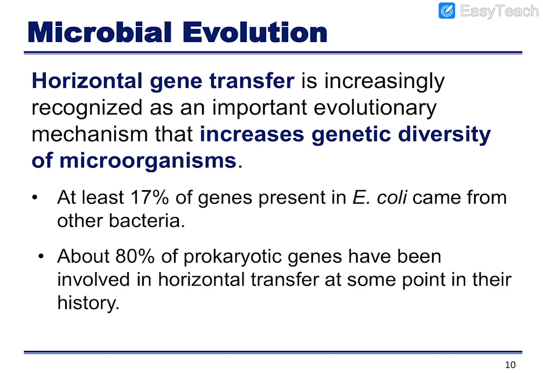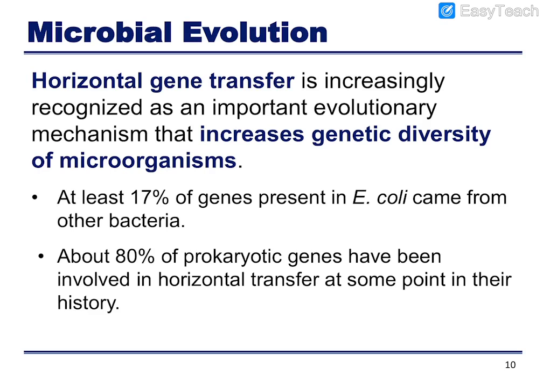So, we know that human beings as a species evolved all from a common ancestor. And so has every other living being on this planet, including bacteria and other microorganisms. So let's talk about microbial evolution for a minute. There's this amazing thing called horizontal gene transfer, which is increasingly recognized as an important evolutionary mechanism that increases genetic diversity among microorganisms.